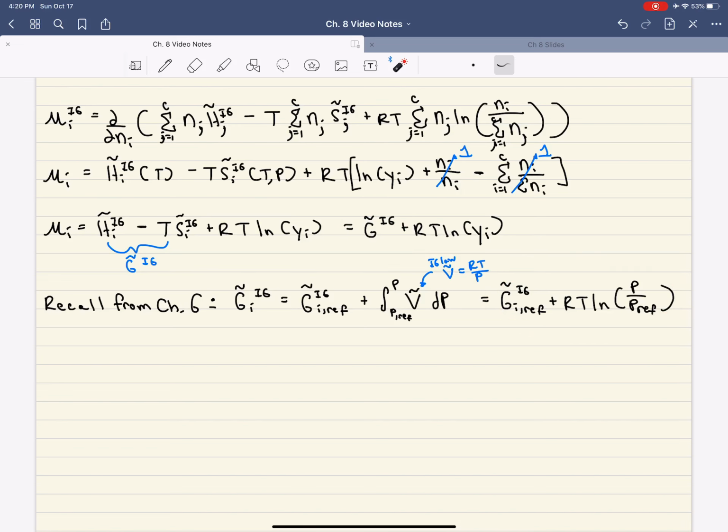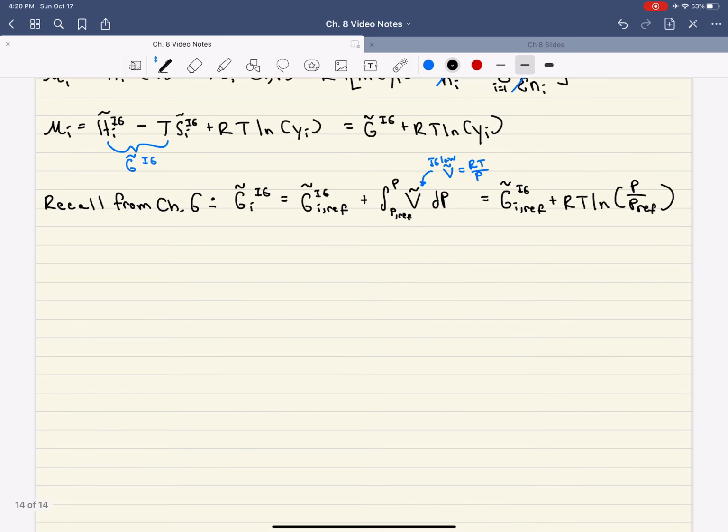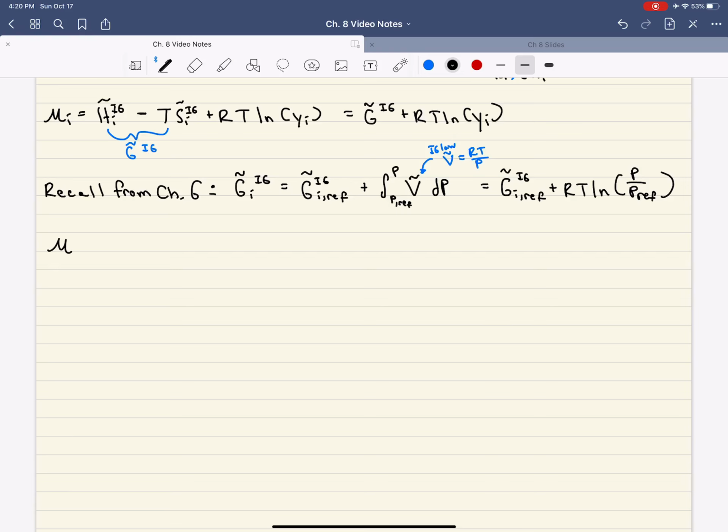So the chemical potential of a species in our ideal gas mixture is just going to be the reference molar Gibbs energy for that species in an ideal gas plus RT, and we have an RT natural log of y_i in the original chemical potential equation. But when we plug in for this, we're going to have another natural log term.